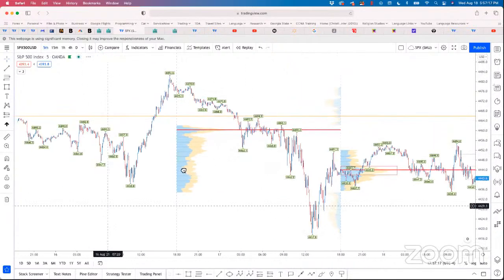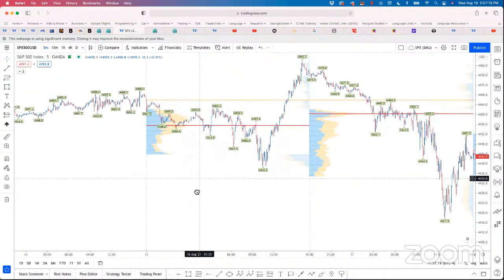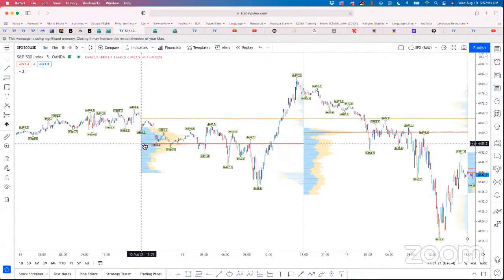Look at this day. Here's all the volume right here. Price trades around this for most of the day. It breaks below it, makes a low, comes back to it, but holds above it and pushes up from there.